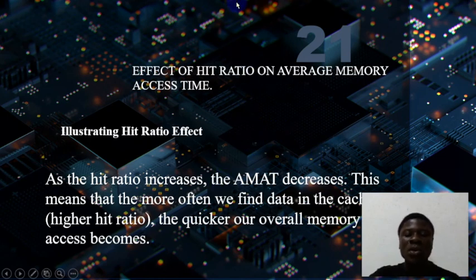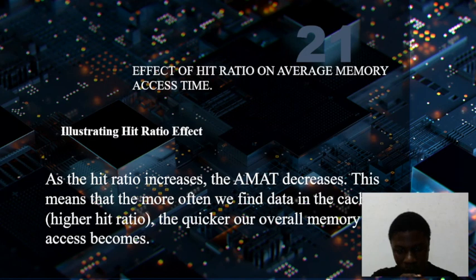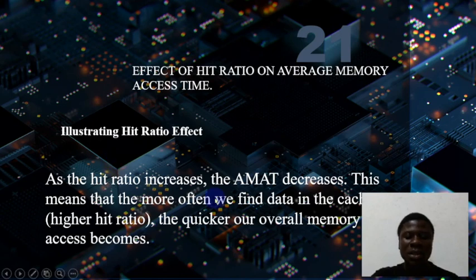So an increase in hit ratio also has an effect. Okay, as the hit ratio increases, the amount decreases, which was explained, that the time it takes for a cache to be located will be lower and much faster.